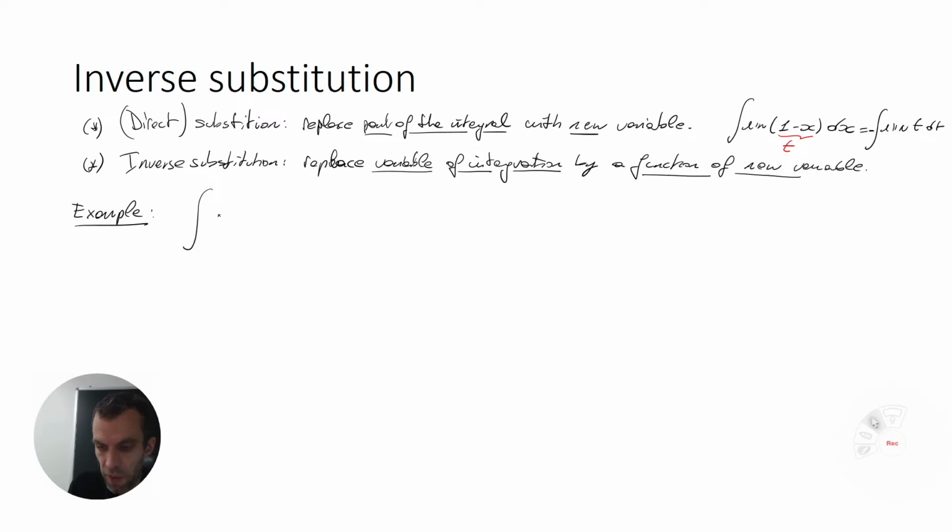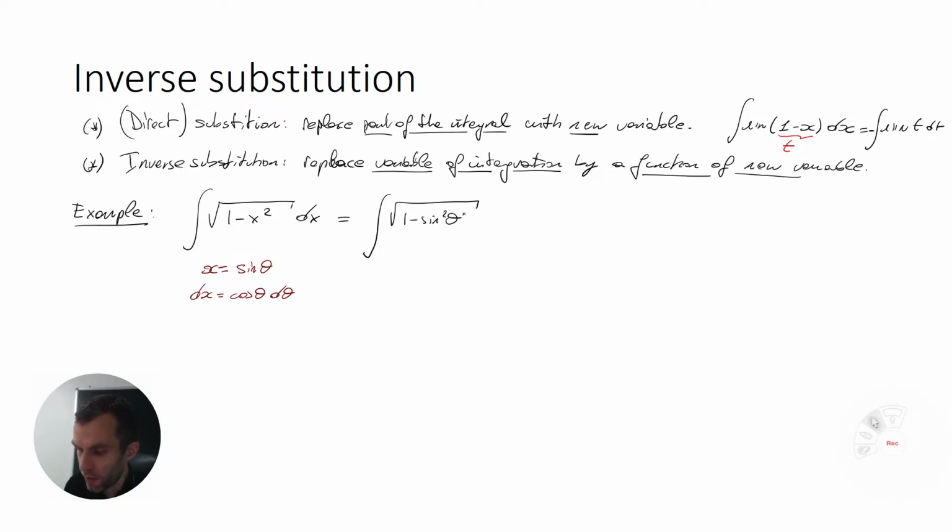Let's take, for instance, the integral of square root of 1 minus x squared dx. By itself, we can't really make sense of this, but there's a particular trick that we can use here. We can put x equal to, for instance, sine of theta, and then dx becomes cosine theta d theta, and with these substitutions, the integral becomes square root of 1 minus sine squared theta, and dx is cosine theta d theta.